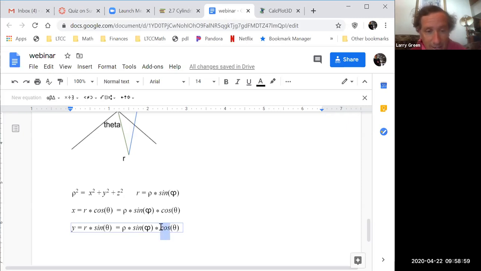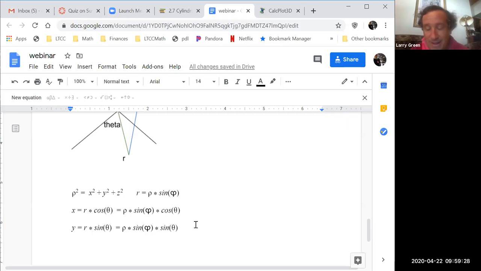So you get rho sine phi sine theta. And there's our formula for y. And one of the nice things about writing it this way is I'm actually killing two birds with one stone. I'm converting polar coordinates, cylindrical coordinates to rectangular coordinates and spherical coordinates, kind of all the systems are getting converted all at once.